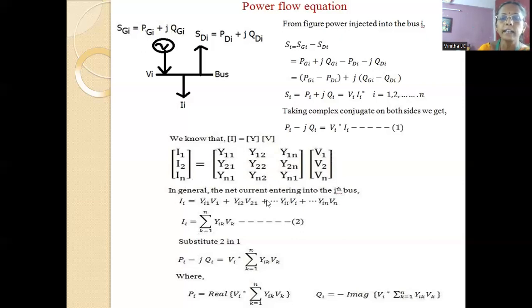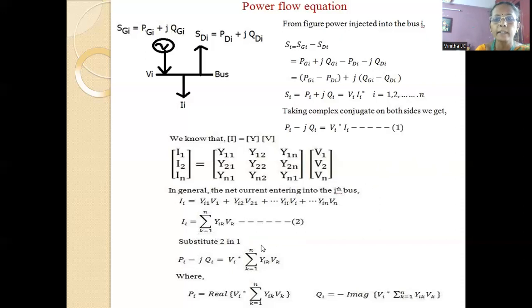Therefore, in general, the net current entering the ith bus can be written as Ii equal to Yi1 into V1, since I is equal to V by Z, and 1 by Z is nothing but Y. So we can write the expression in this manner: Yi1 into V1 plus Yi2 into V2 plus till Yin into Vn. From this, in general, we can write Ii equal to sigma k equal to 1 to n Yik into Vk. Now we can substitute the value of Ii in equation number 1.